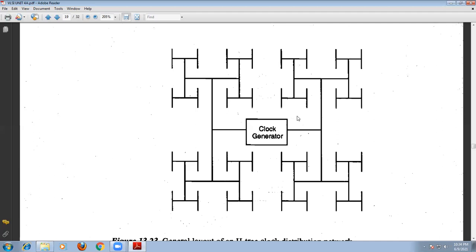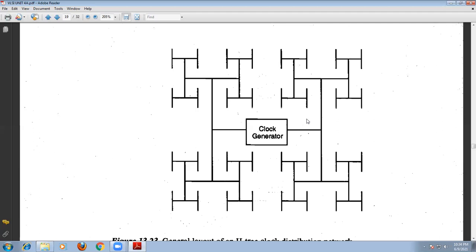A more practical approach for clock distribution is to route the main clock signal to micro blocks and use local clock decoders to balance the delays under the different loading conditions.